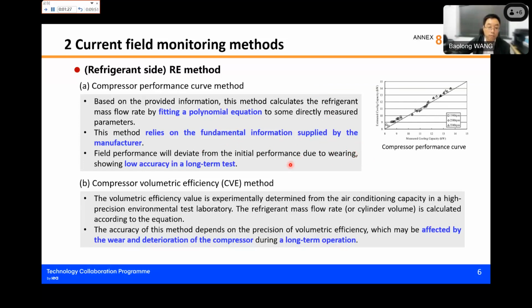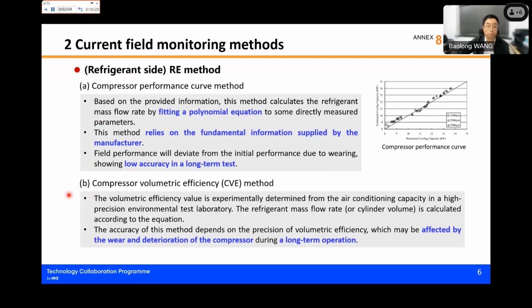But it also has some drawbacks, because if you want to use it for long-term monitoring, for example one year or several months, it may become less accurate, because the compressor's performance may deviate because of wear. That's the main drawback.